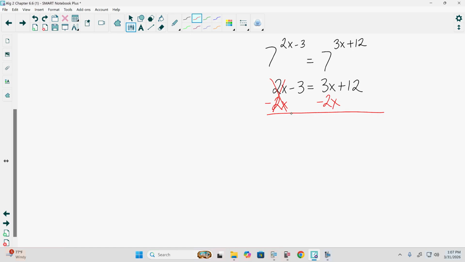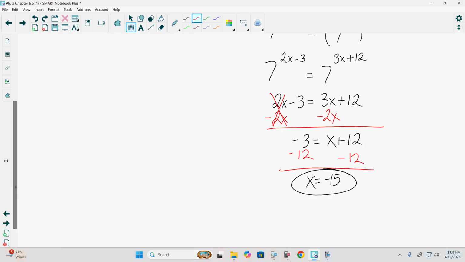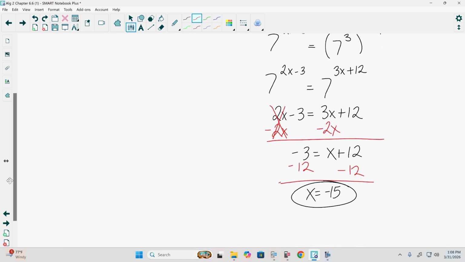We can subtract 2x and 12, yes. Try not to flip our signs. So x is equal to negative 15. Questions on this here?